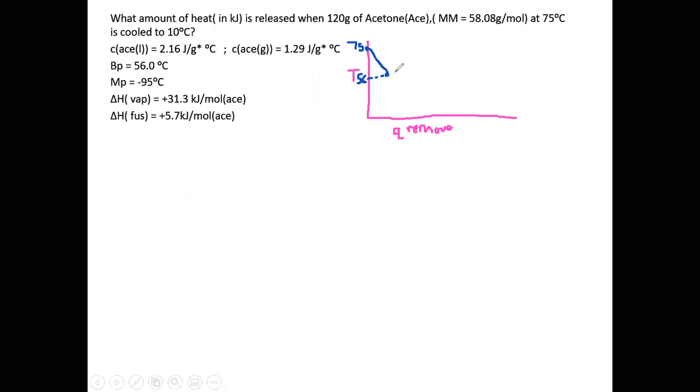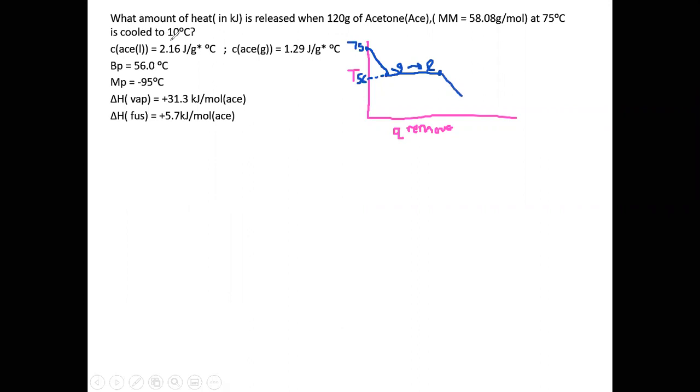At 56 degrees Celsius, we go through a phase change, we convert the gas into the liquid. So we condense the gas. Once all the gas is converted into liquid, then the temperature decreases again as we remove heat to our final temperature, which is 10 degrees Celsius.